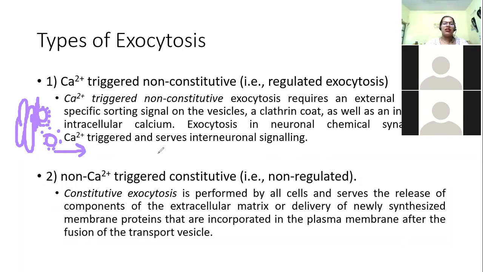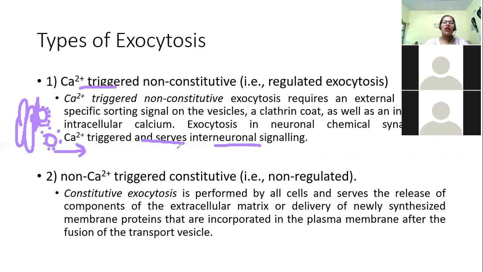Now, exocytosis in the neuronal chemical synapse, interneuronal signaling, is all because of calcium. When we talked about the acetylcholine receptor in the ligand-gated channel, I also said that whenever there is an increase in intracellular calcium, the acetylcholine neurotransmitter vesicles are released. That is the reason.